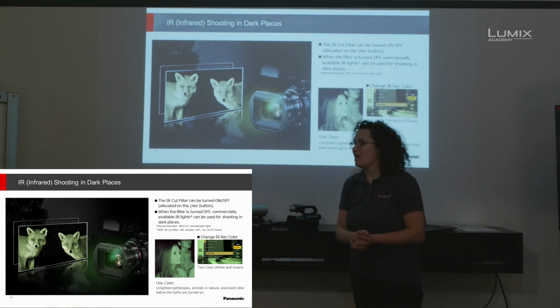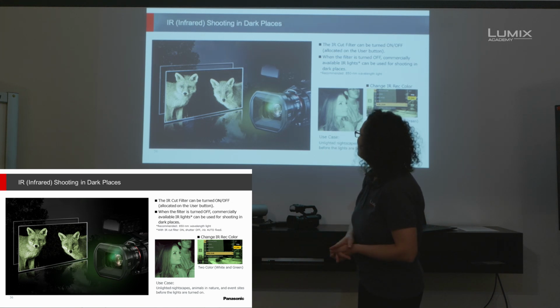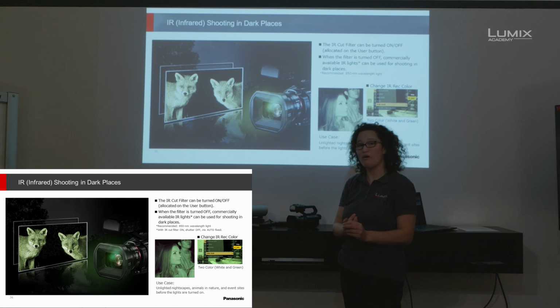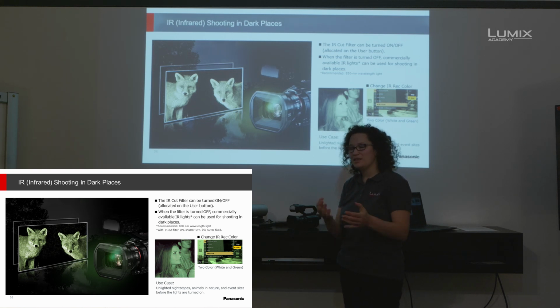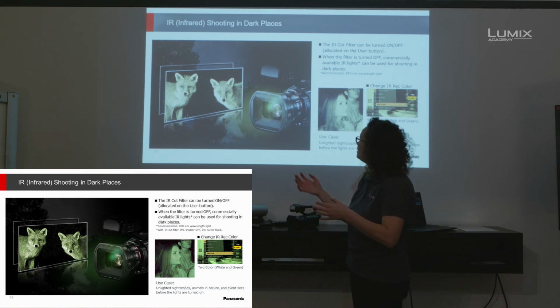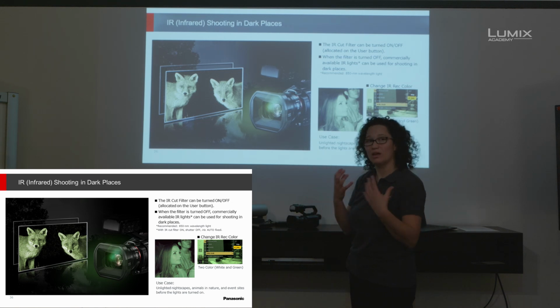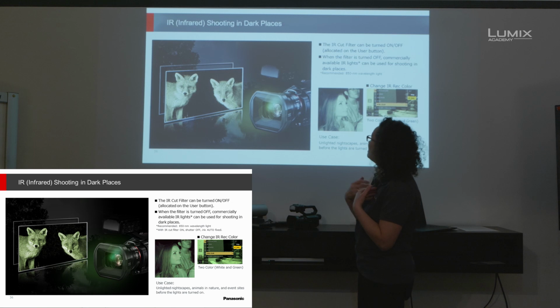I said earlier we have an infrared mode. So if you're working in the dark, as this example suggests, you can turn off the IR pass filter, and then analyze what IR light, so parts non-visible to us, hits the sensor.